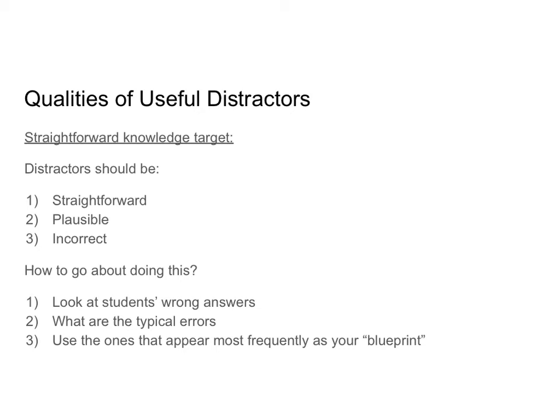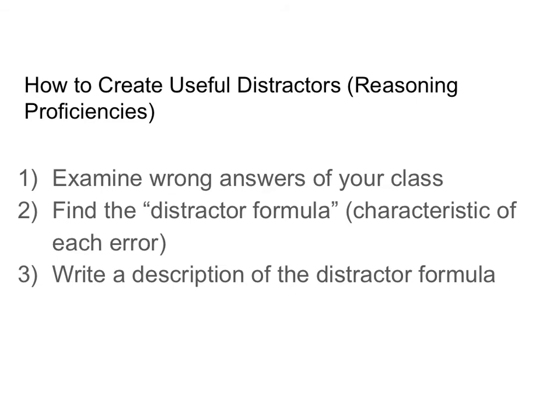Well, we can look at students' wrong answers on, say, an open response question or a short answer, and see what are the typical errors that they're making. And then we can use the ones that appear most frequently as our blueprint. And when we look at this blueprint, we can see that it's pretty clear in reasoning proficiencies as well.